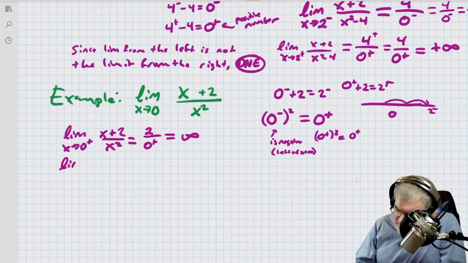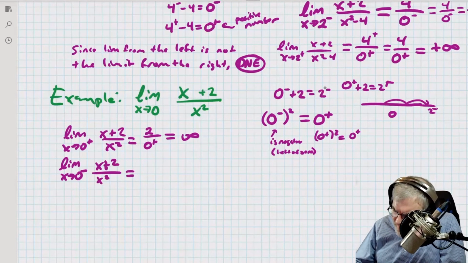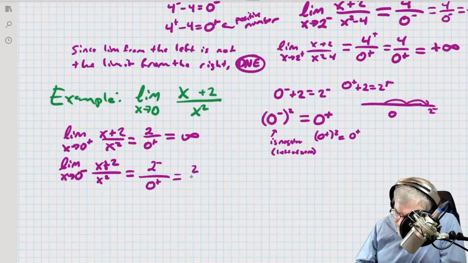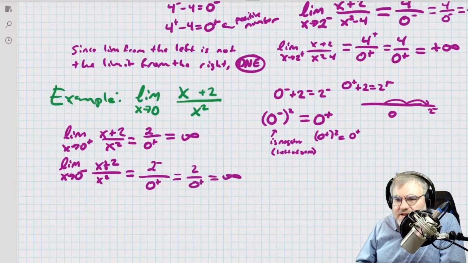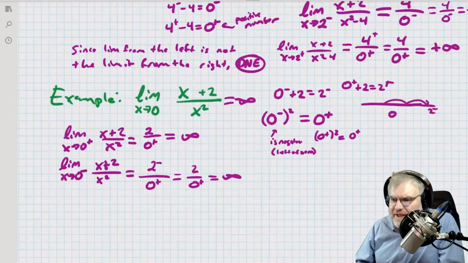But look at this. The limit as x goes to 0 left of x plus 2 over x squared equals 2 left over 0 right, and that is also positive infinity. So this limit exists. This limit is infinity.